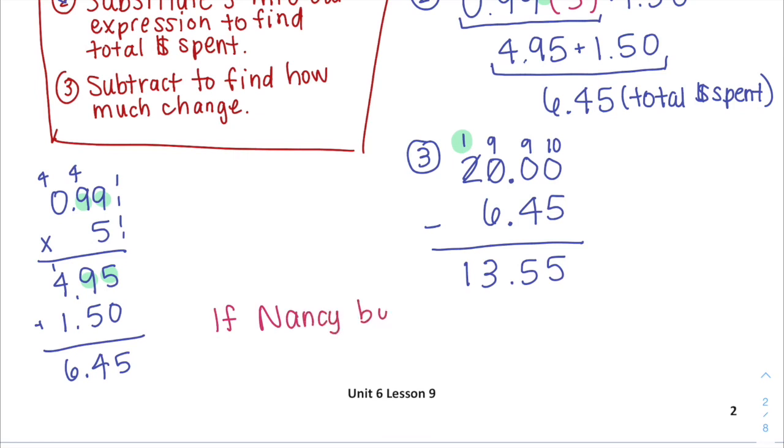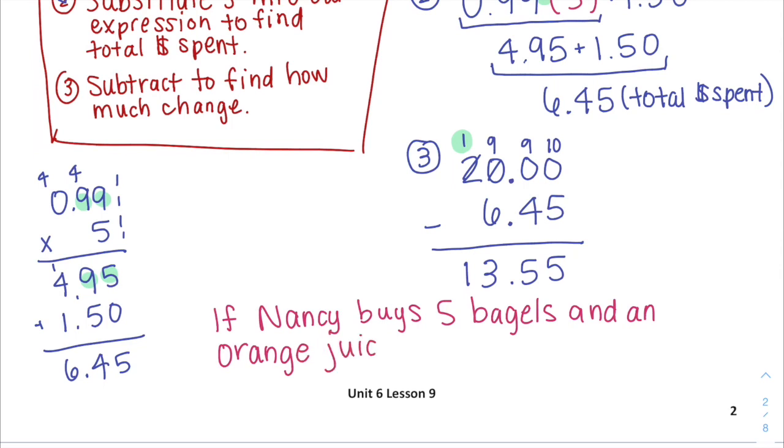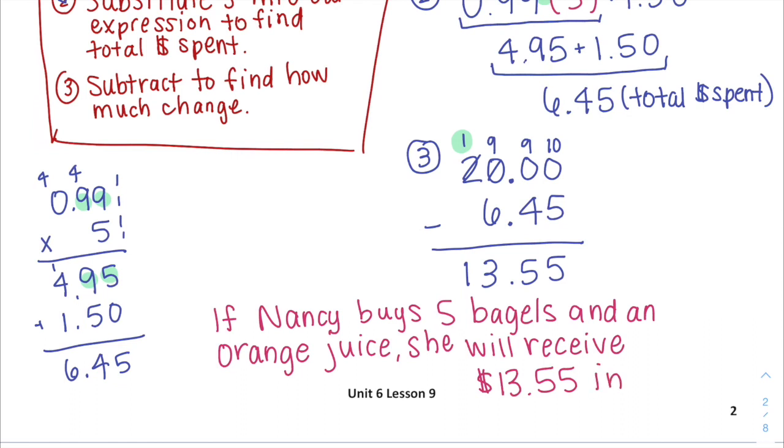So if Nancy buys 5 bagels and an orange juice, she will receive $13.55 in change.